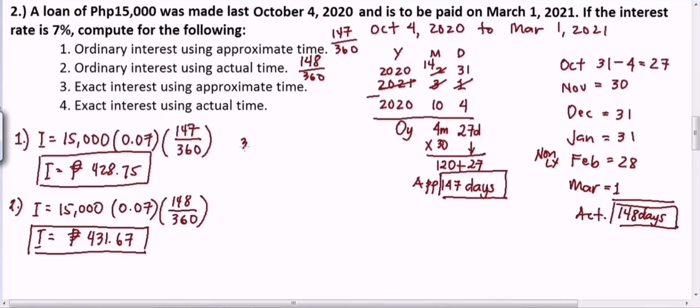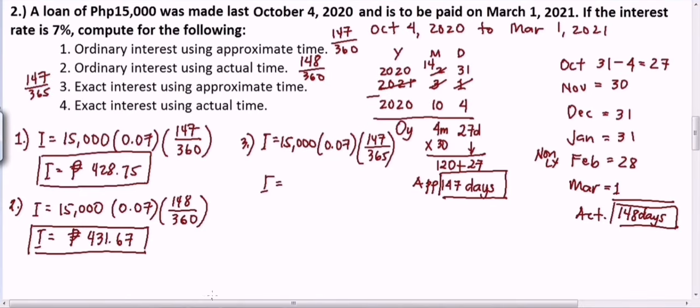Okay? Next one, number 3. So, exact interest using approximate time. So, pag exact, over 365, but we are using approximate time. So, ibig sabihin, 147 yung nasa ibabaw. So, I is equal to 15,000 times 0.07 times 147 over 365.